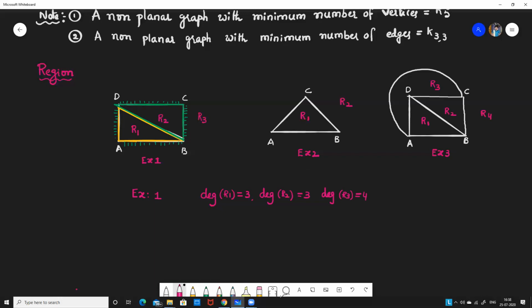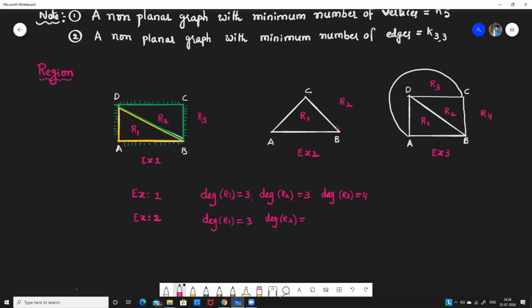Next, if I take example number 2, for R1, how many edges are bounding that region? 3 edges. Therefore, the degree of R1 is equal to 3. What about the degree of R2? How many edges are exposed to that region?